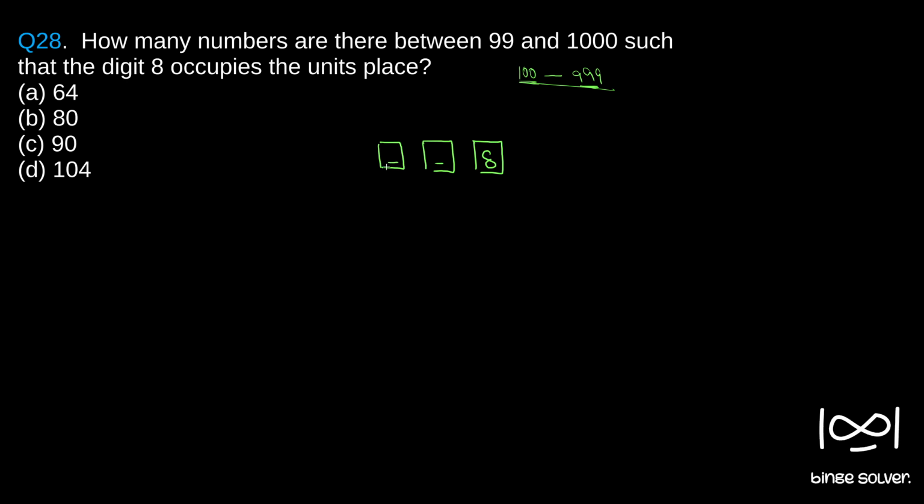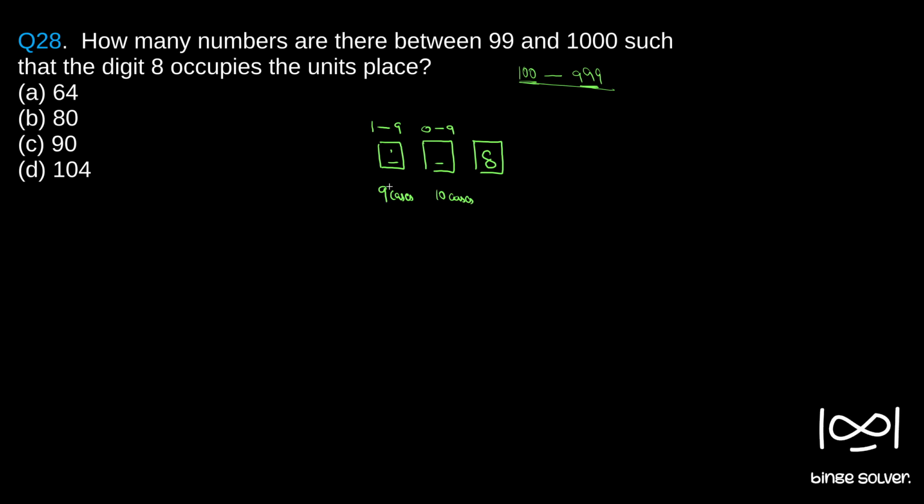First, for the first digit we have 1 to 9. 0 cannot be here. If 0 comes here, that means it becomes a 2 digit number. So 9 cases. For the second digit we can include 0 also, 0 to 9, so 10 cases.